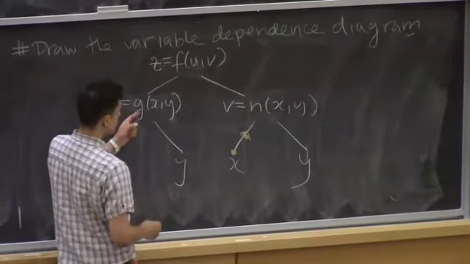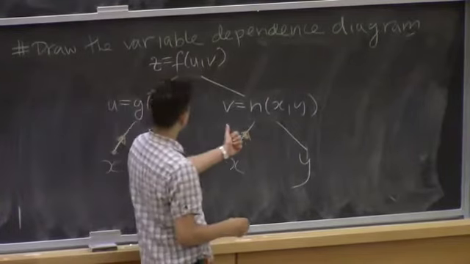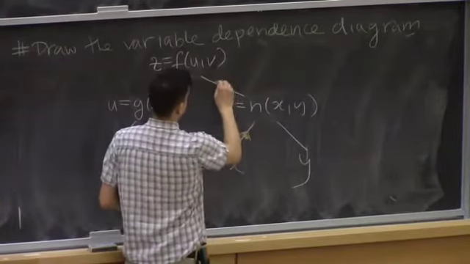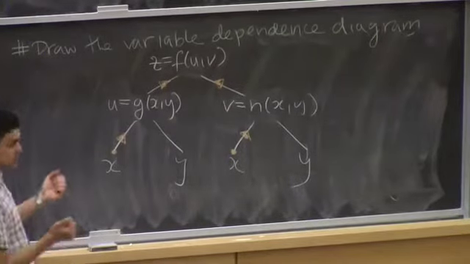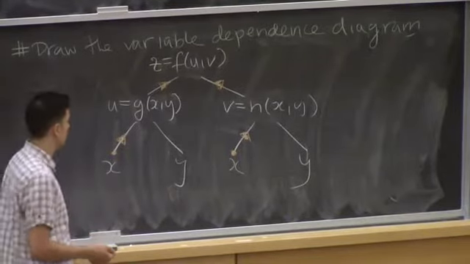So that changes u, which changes z, right? V also changes, which changes z. Okay, so a change in x changes u and v, which changes z.